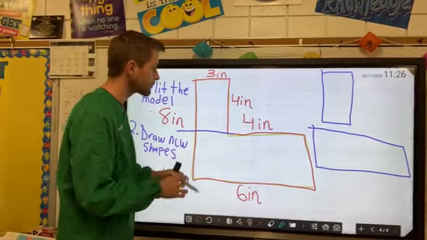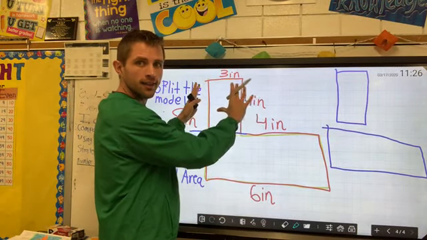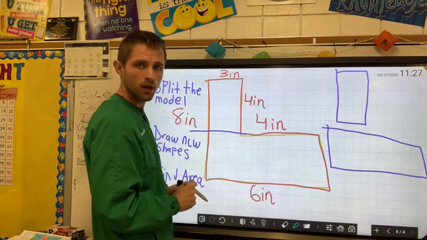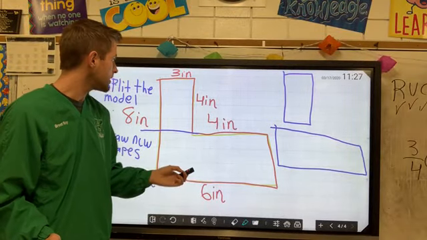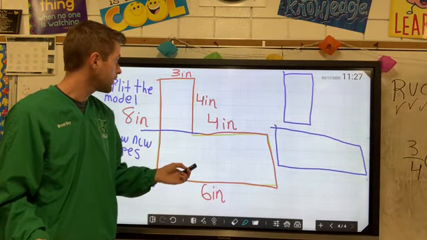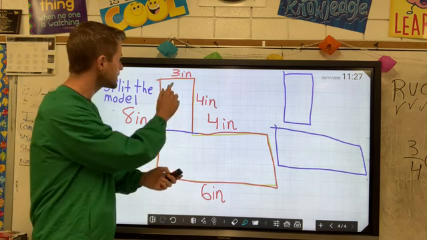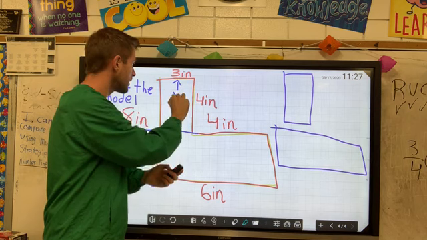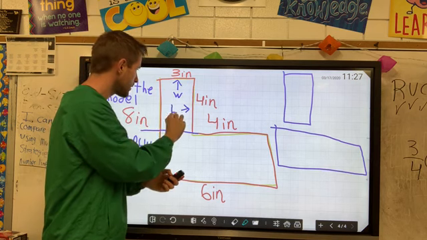Now, let's focus in on this first shape up top, okay? What do you notice? What dimensions do we have for the top shape? You should notice that we have both a width and we have a length, right?